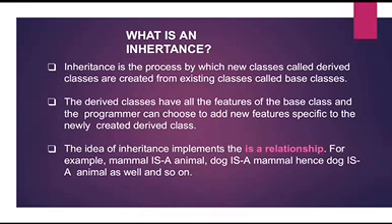A derived class is defined as the class derived from the base class. Generally, the syntax is: class, the derived class name, a colon, the visibility mode, then the base class name.